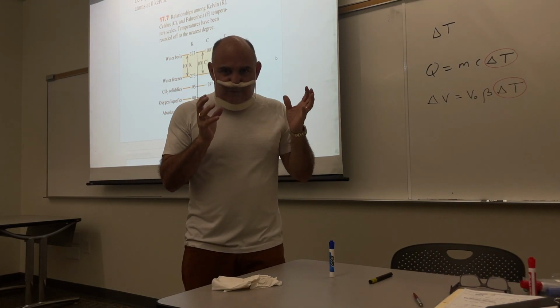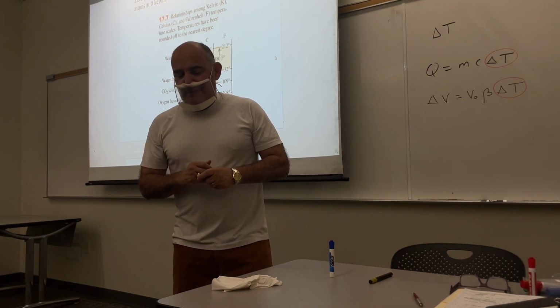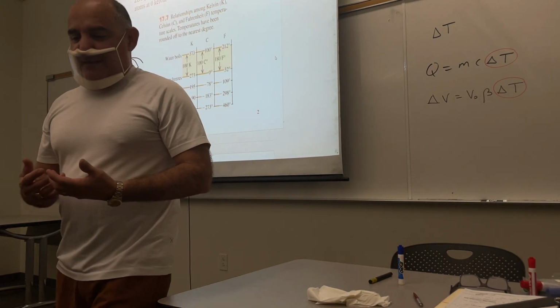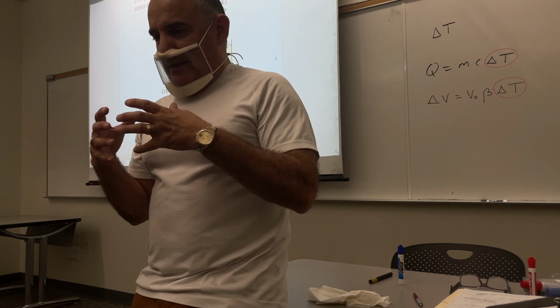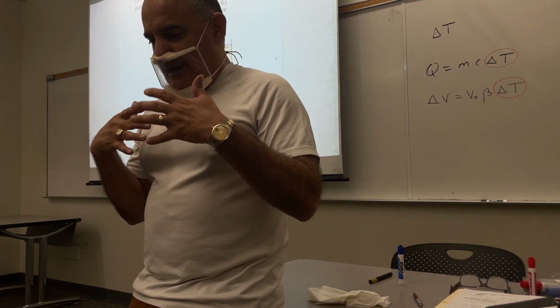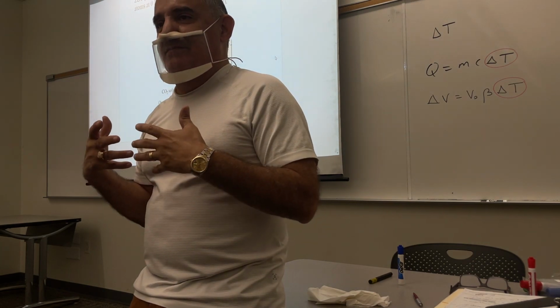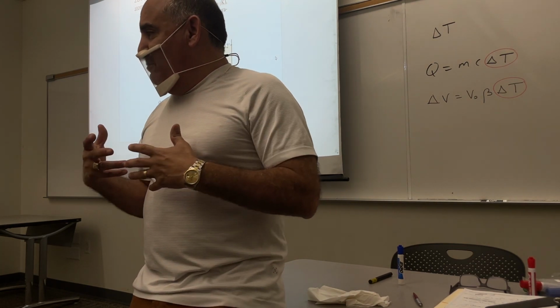You can touch it, oh, it's hot, or oh, it's cold. But using statistical mechanics, you can show that it is related to the average translational motion and jiggling of the atoms that make up the system, and the molecules and so on.